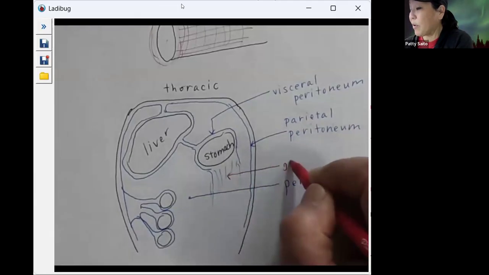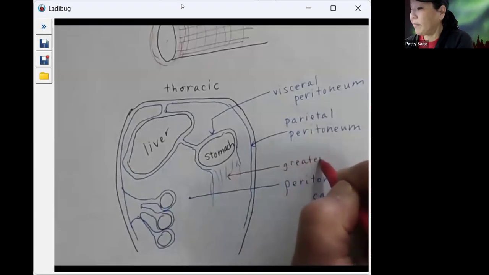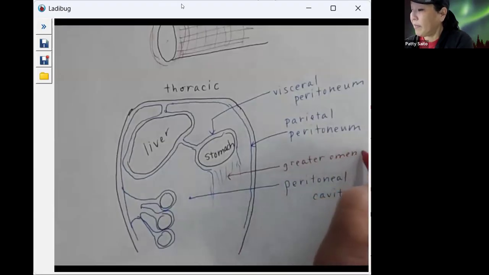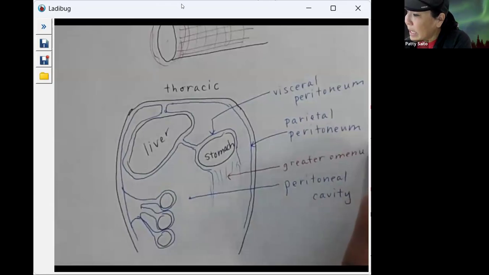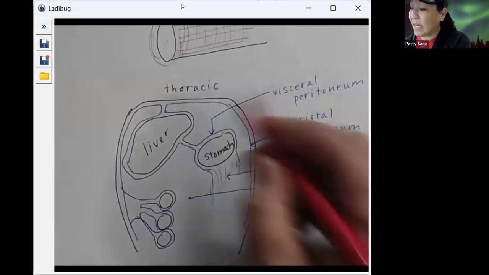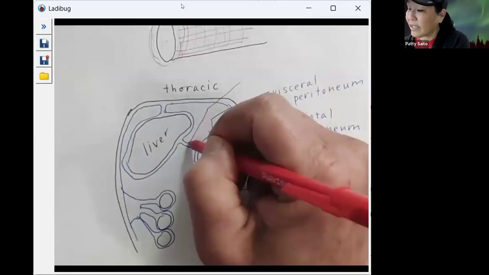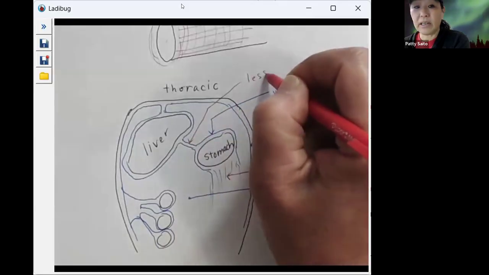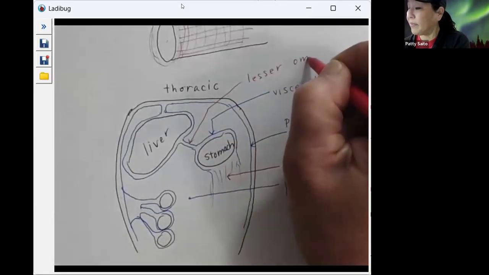This is called the greater omentum. Omentum. Think of momentum, but without the M. So it's omentum. And then over here is the lesser omentum.